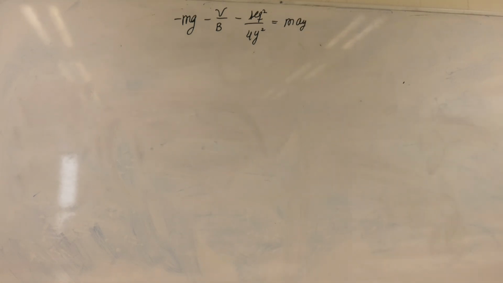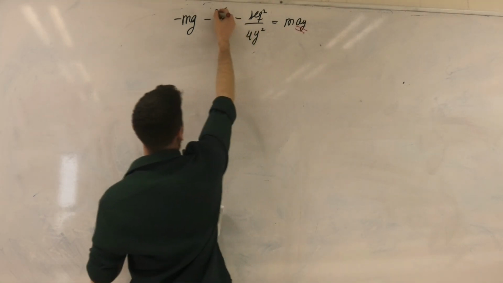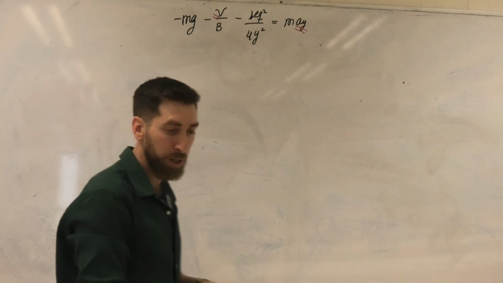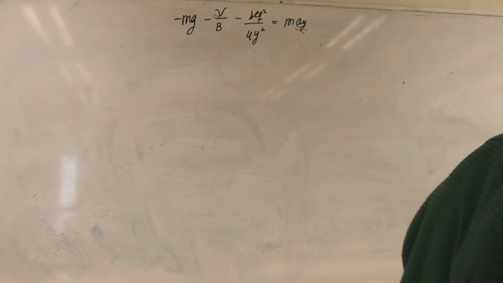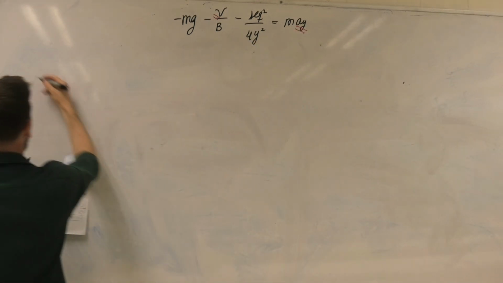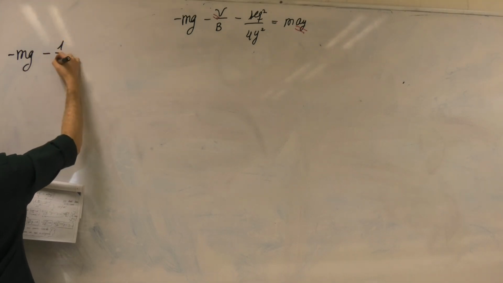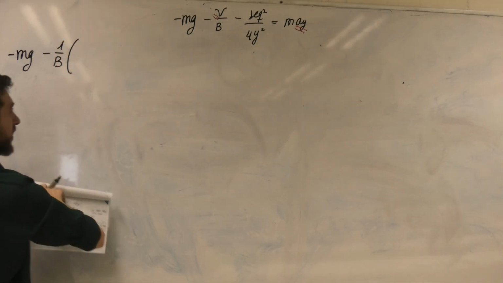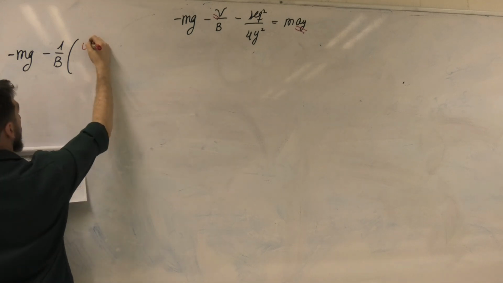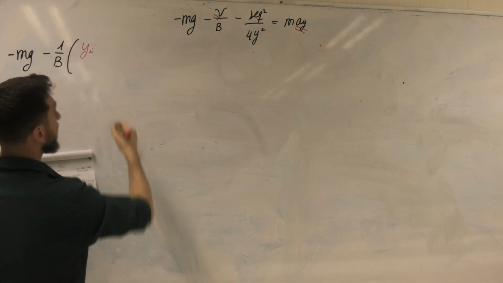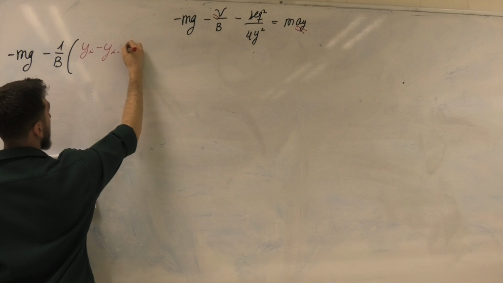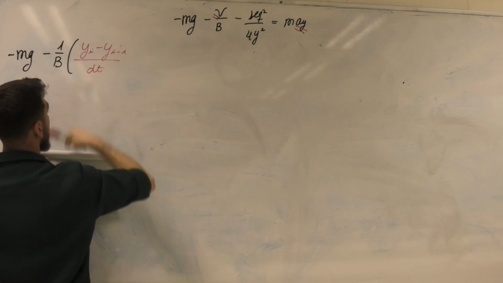Now we want to plug in the ugly acceleration term and the ugly velocity term. Let's do it. So mg stays unaffected, minus mg, minus 1 over b, and the velocity, which is y_i minus y_(i-1) divided by dt.